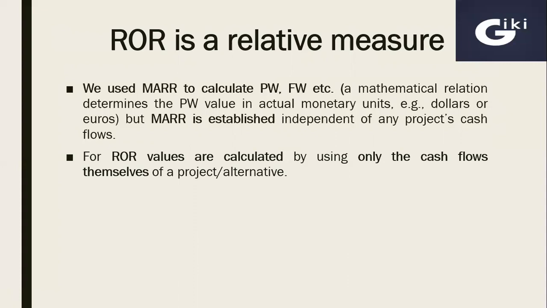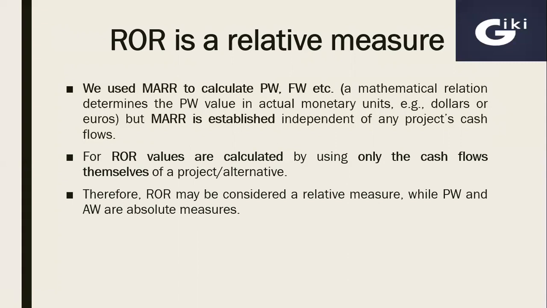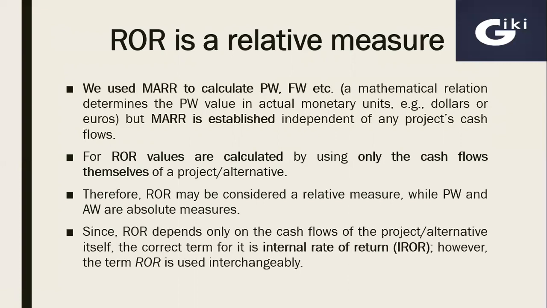So this is a relative measure because this is based on cash flows. Therefore, ROR may be considered a relative measure while present worth and annual worth are absolute measures.